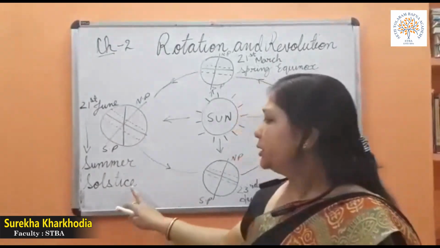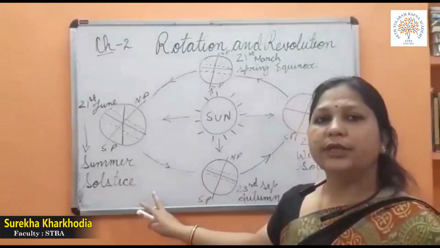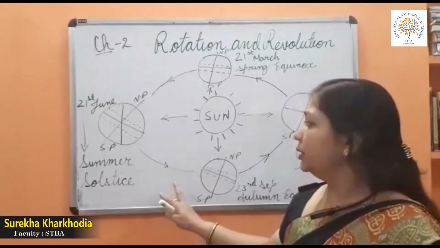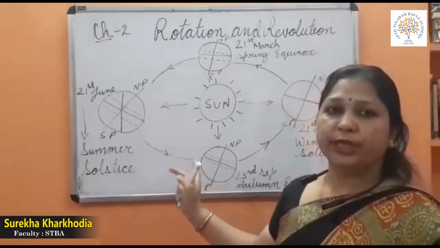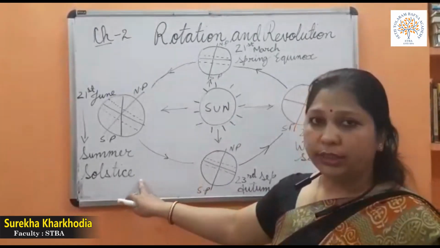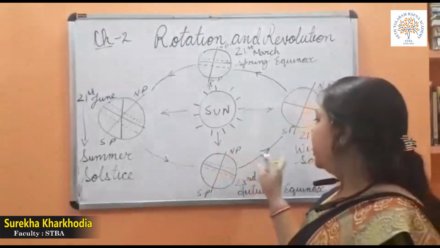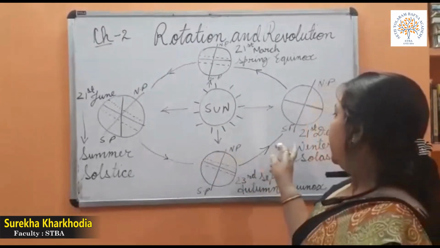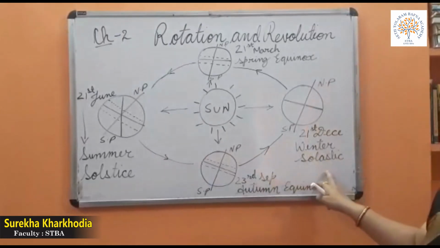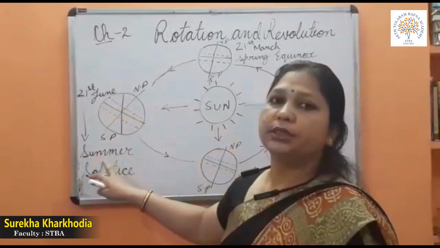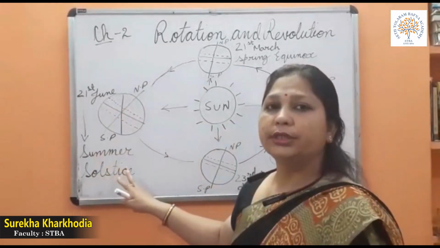You might not know the meaning of the word solstice. Children, solstice means the sun rays are high in a year two times, one at the longest day and one at the shortest day. So summer solstice is there and winter solstice is also there.